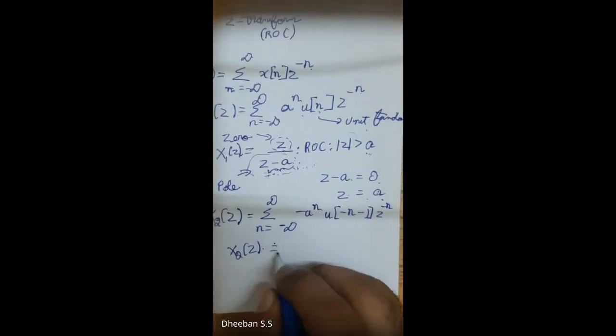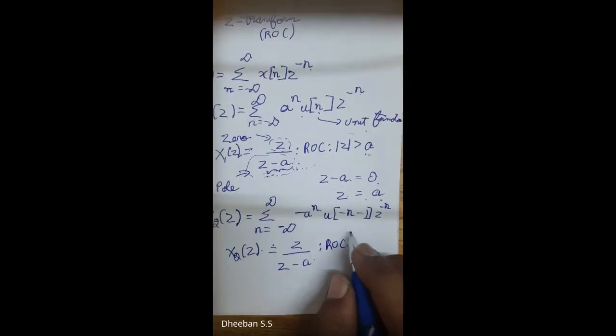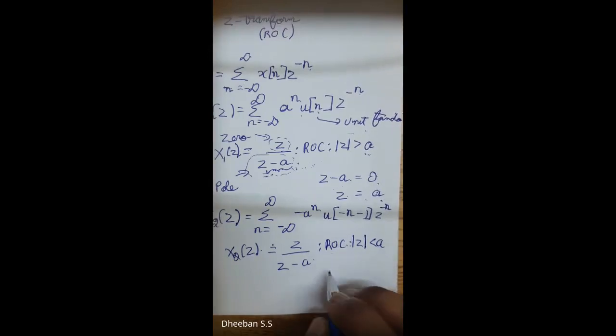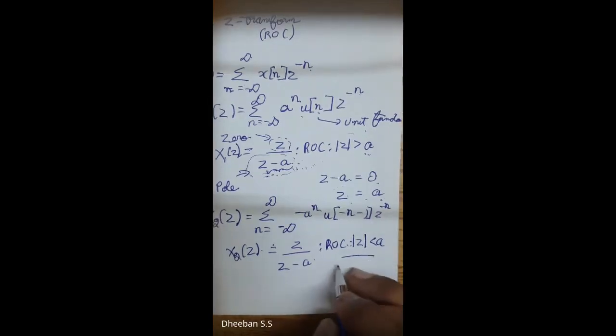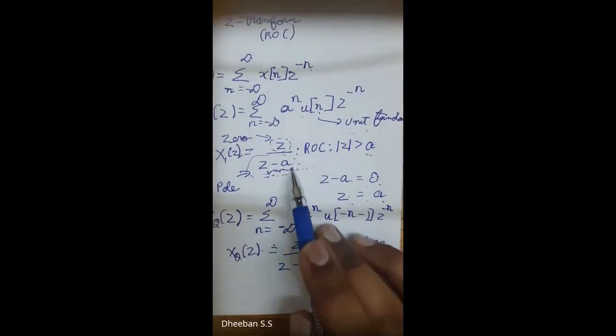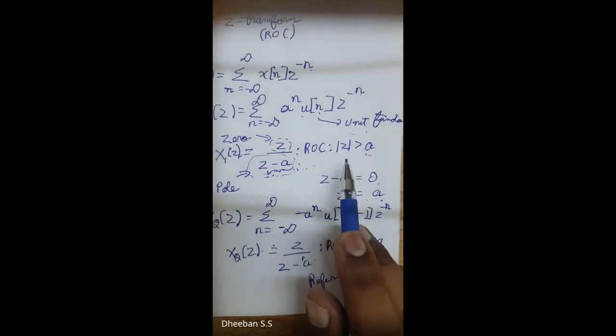But the ROC differs: the ROC will be modulus of z less than a. I will refer to this and explain it in the next class. For both, it is z by z minus a, but only the ROC varies. I'll draw the diagram with respect to the ROC, then you will understand somewhat.